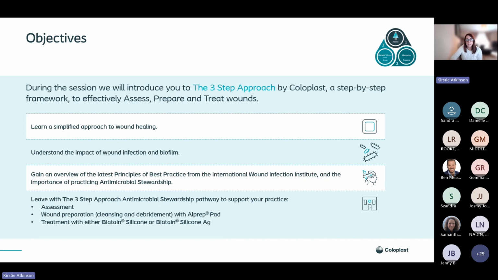You'll gain an overview of the latest best practice from the International Wound Infection Institute and the importance of why we need to practice antimicrobial stewardship. And you will leave with the 3-step approach antimicrobial stewardship pathway to help you support your practice and your assessment, your wound preparation, and your treatment as well.